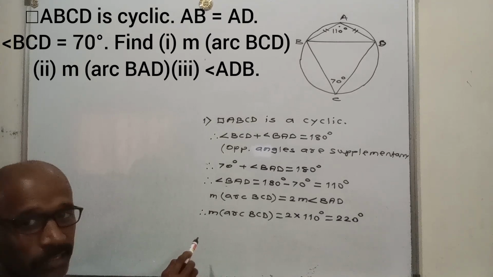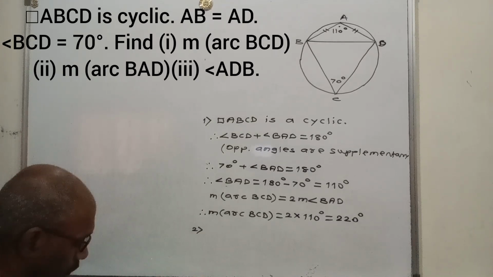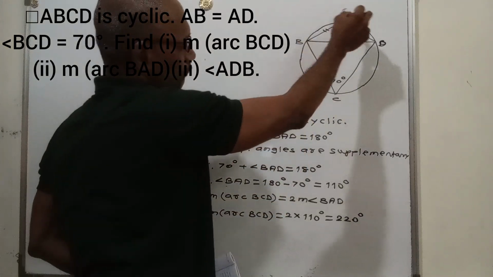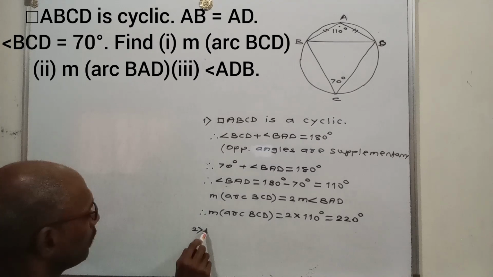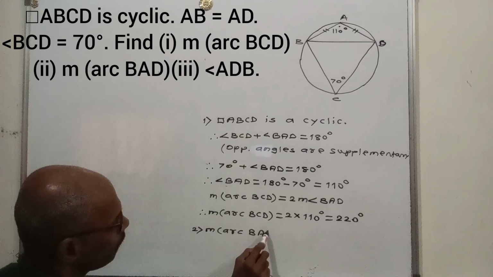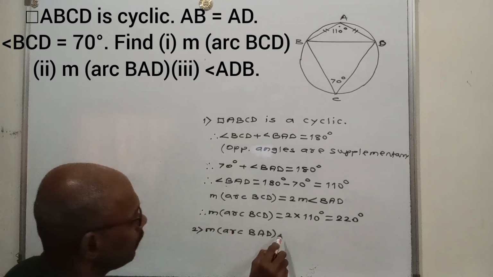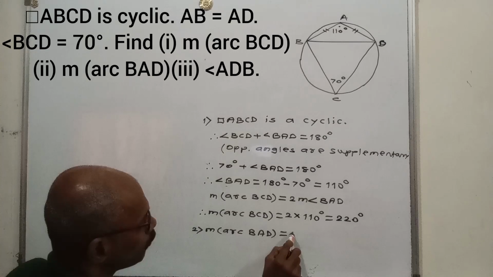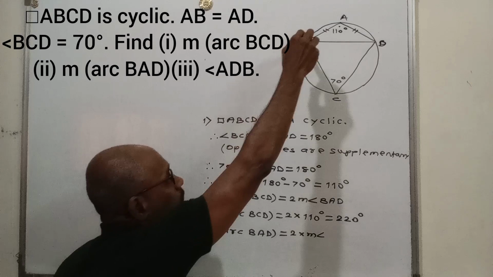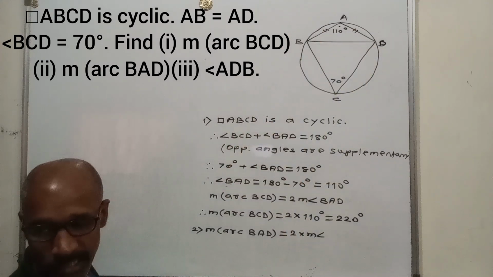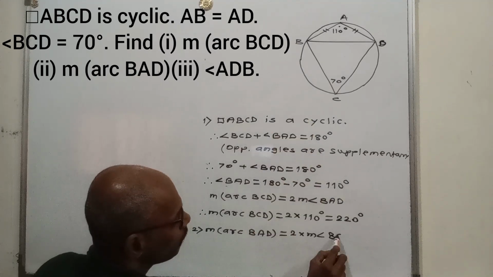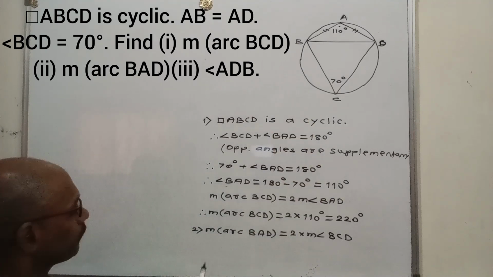Then second, what is major arc BAD? Major arc BAD is equal to, in the same way, 2 into major angle BCD.